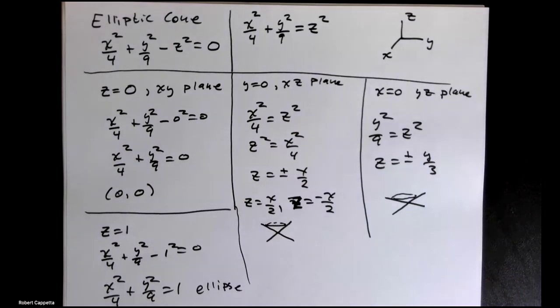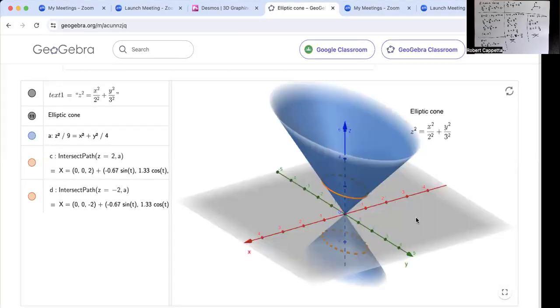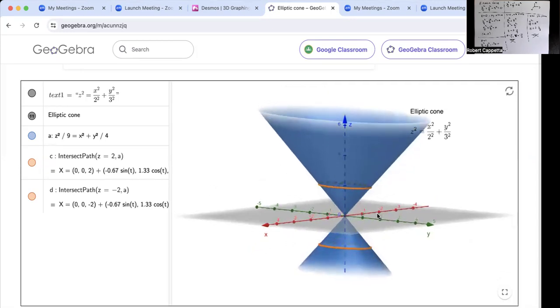So let's pull up an image. So here's our cone. Notice the xy plane, we have x in the red direction, y in the green direction, and the intersection is indeed a single point. We see that point 0, 0. And you see the ellipse when we have various values for z. So as z grows, this is a z of 2 that they used.